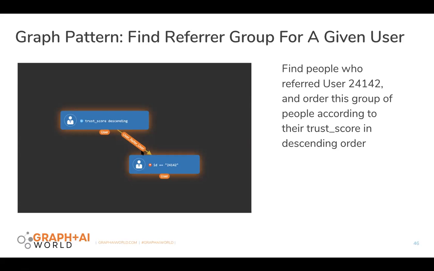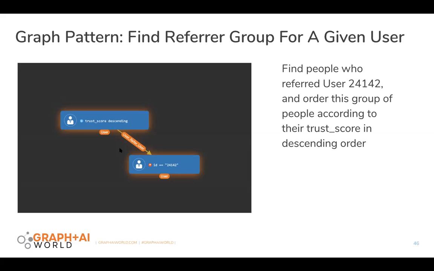You're basically trying to find, for a given user ID 24142, who are the people referring this user. This user also has a trust score as an attribute, and we want to order the users according to the trust score. I will be showing this demo in the live setup, so you will see the overall schema.